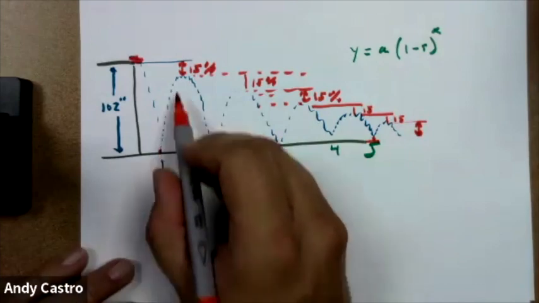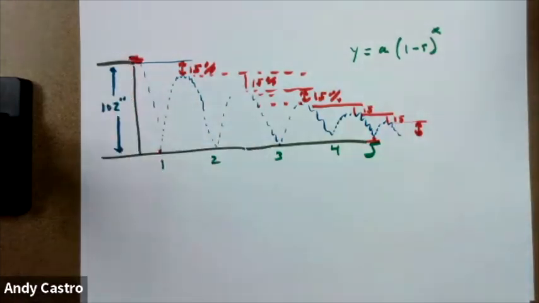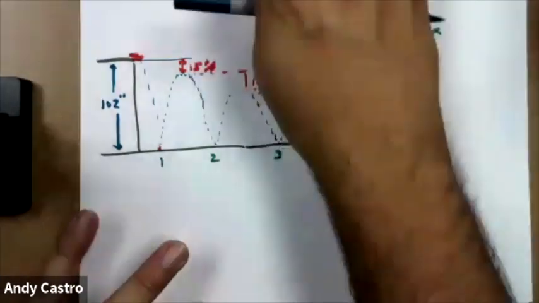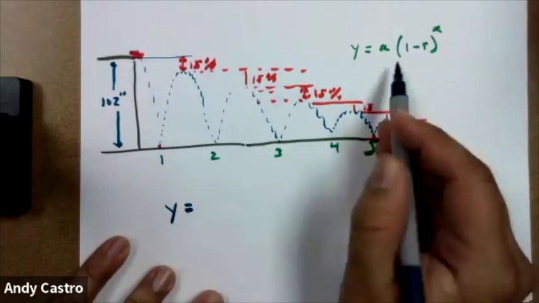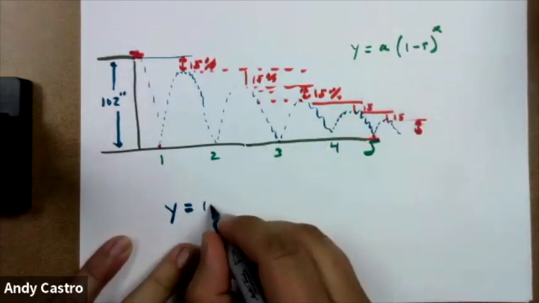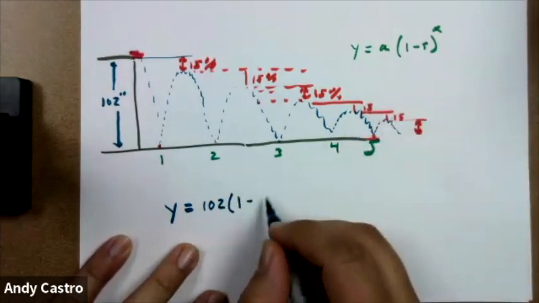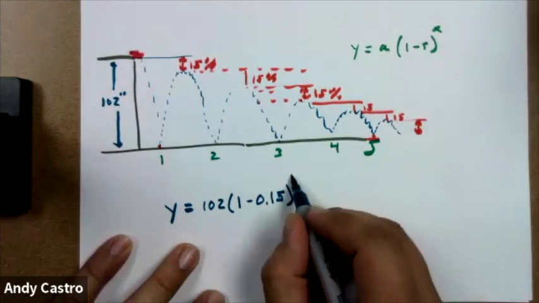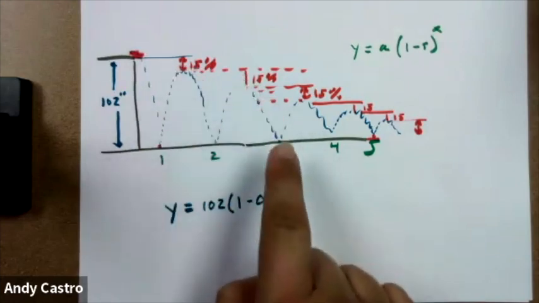Zero bounce, we're at 102. So we'll go ahead and plug everything in. Our initial height from which it's dropped is 102. And then we lose 0.15 of the height, and we want to know what happens after 5 times. So you can see how this is a lot easier to work with than calculating it each time.